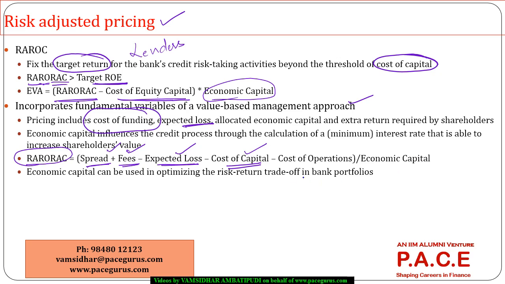So we are expressing it in percentage terms. Even the cost of operations needs to be subtracted, and that is what will give me the RAROC, which is expressed as the percentage of economic capital. And this economic capital can very well be used in optimizing the risk return trade-off in the bank portfolios. So that's how we have to look at the risk adjusted pricing.